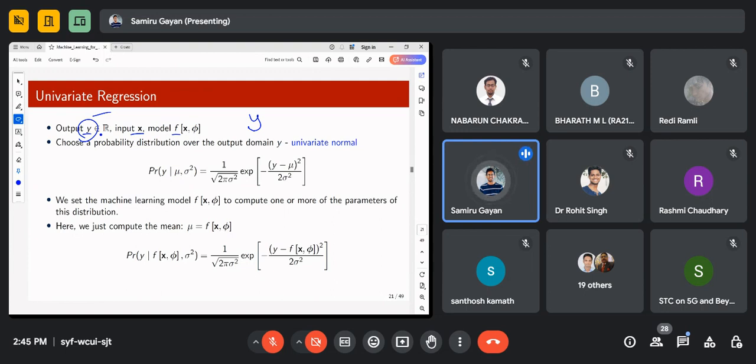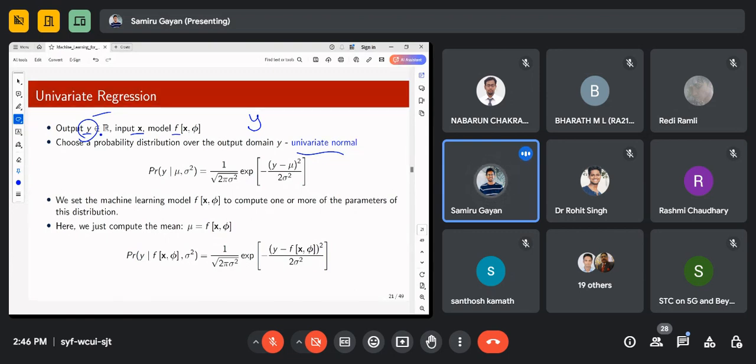The most frequently used one is the univariate normal distribution, or Gaussian distribution.